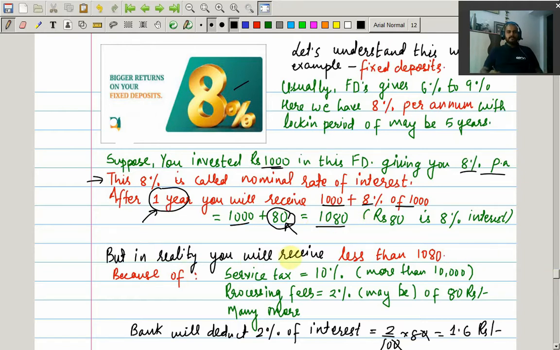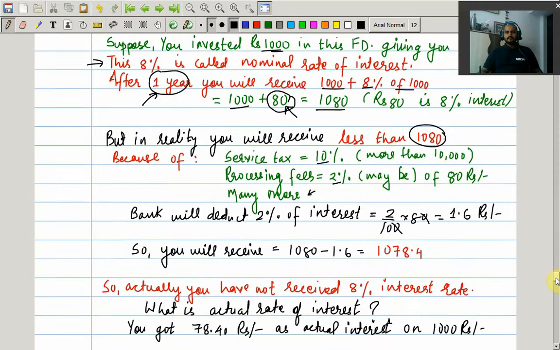But in reality, you will receive less than this because of service tax. So these are roughly 10%, processing fees 2%, service tax, other charges, and many more. You should ask what the hidden charges are when you are going to withdraw your fixed deposit.